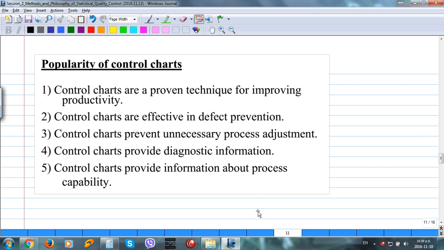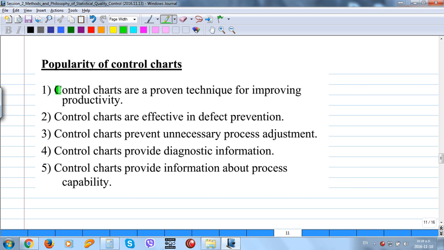Then, popularity of control charts. Control charts are a proven technique for improving productivity.